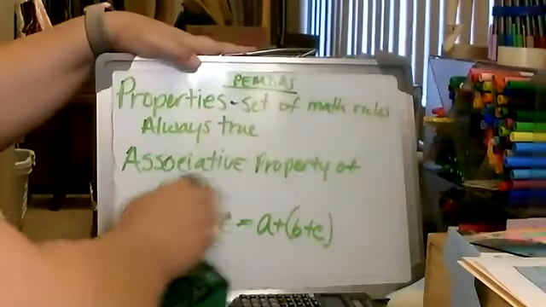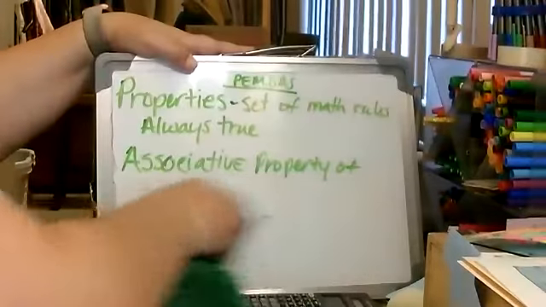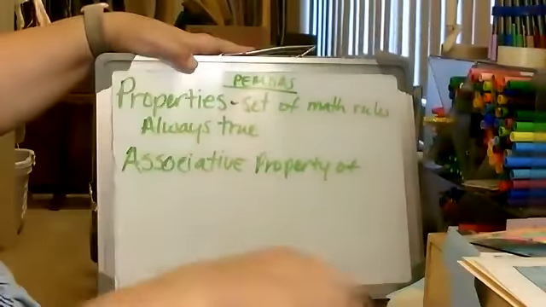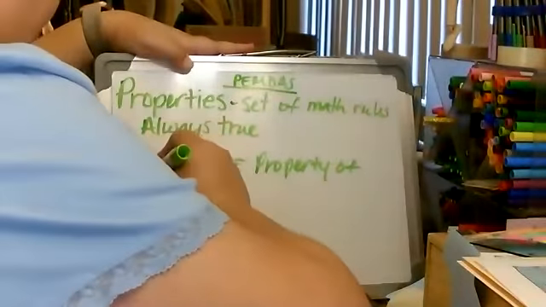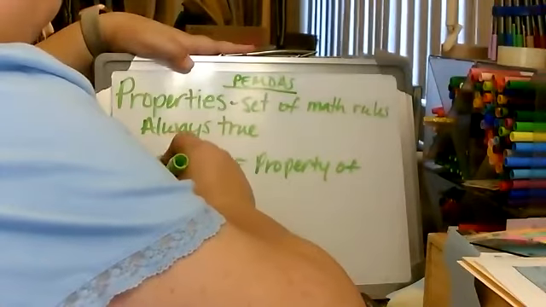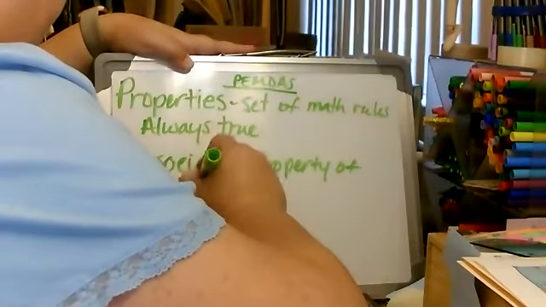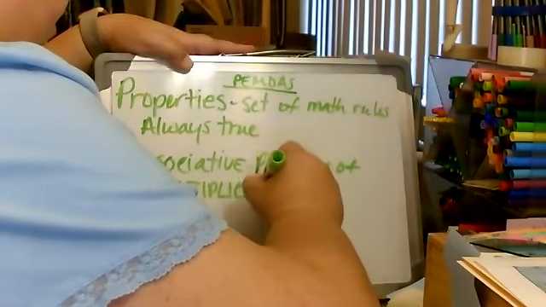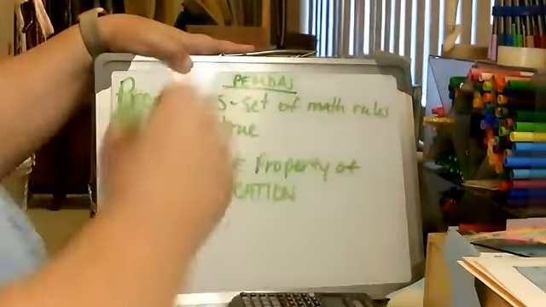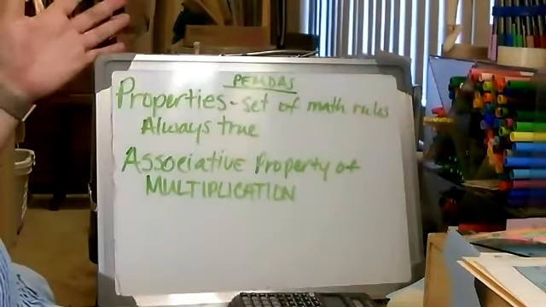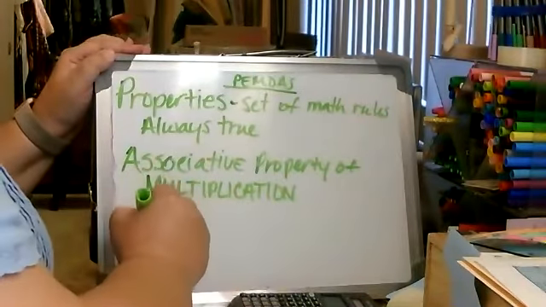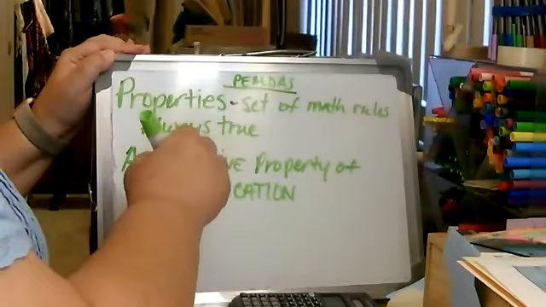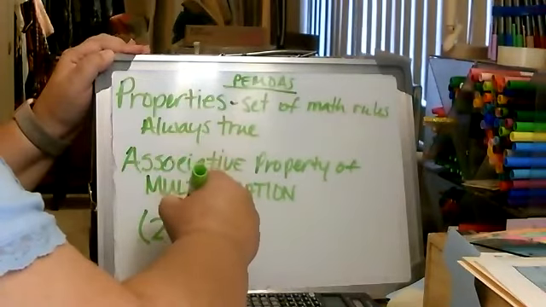And then, of course, there is an associative property of multiplication. Okay, and that says basically the same thing, only substitute multiplication.